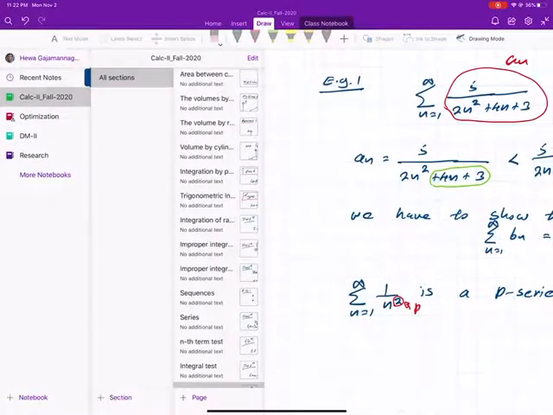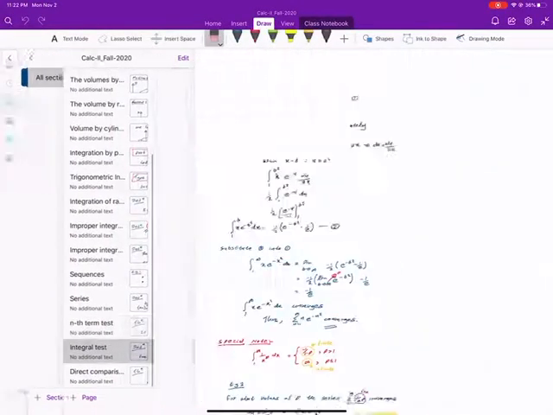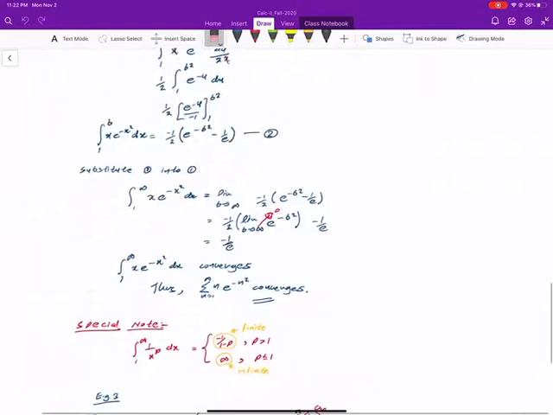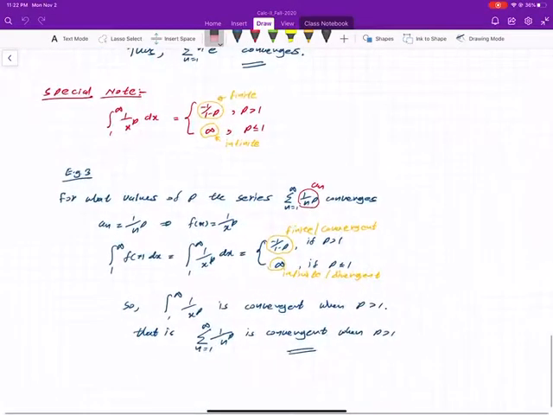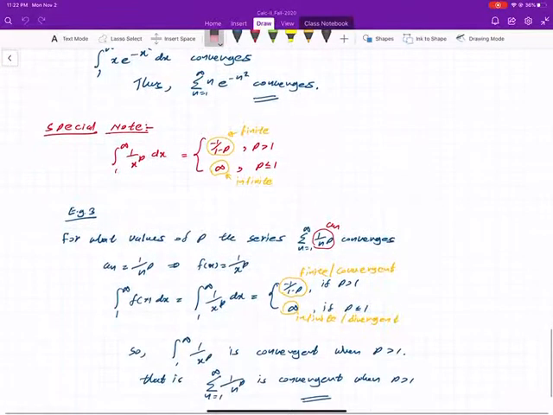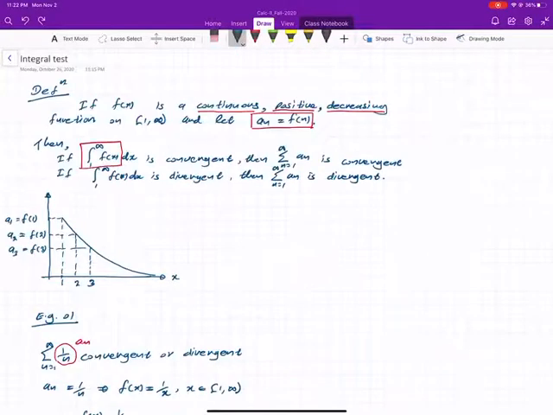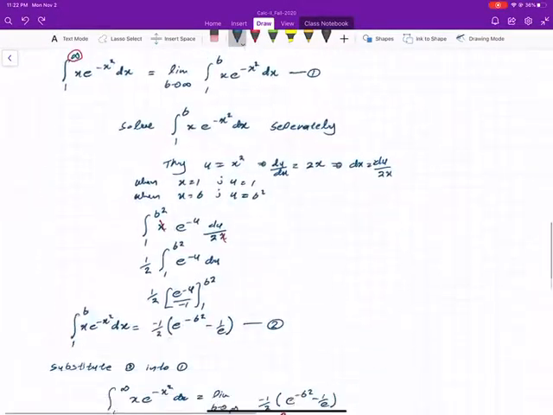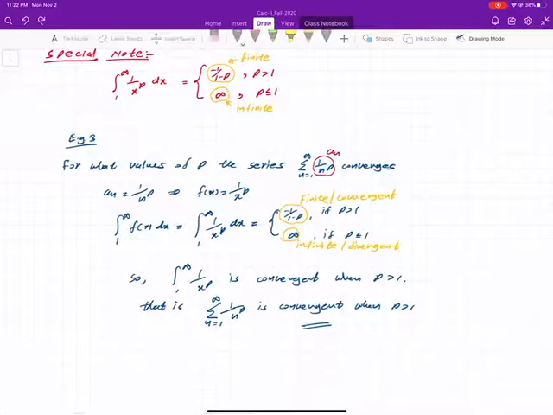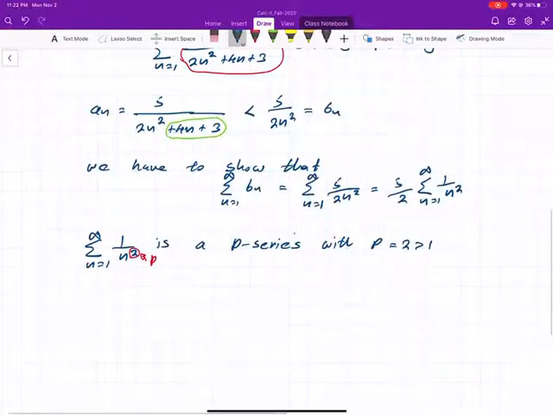I will show you the note quickly. It was the integral test. At the end of the integral test, I gave you the P series. See? So this is the P series in the previous day's note. This is a P series with P equals 2, which is greater than 1.